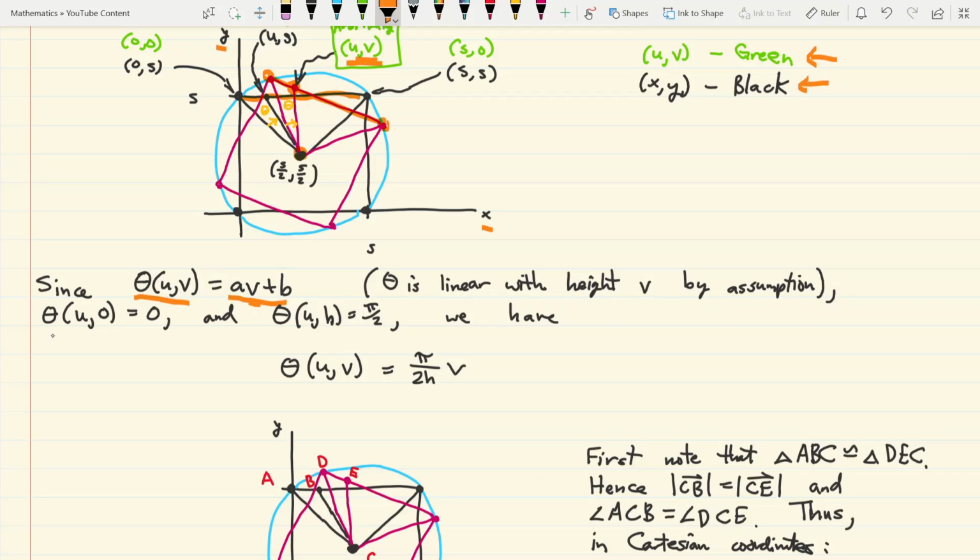So theta of U, 0, well, that's 0 by looking at this first point. And theta of U, H is pi over 2. So that means when this square is fully rotated, this point will have rotated 90 degrees to get all the way over here. And therefore, theta is just this precise linear function.